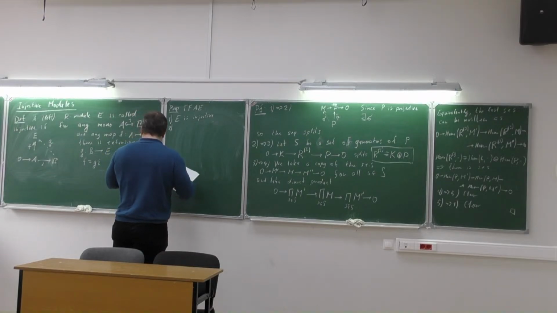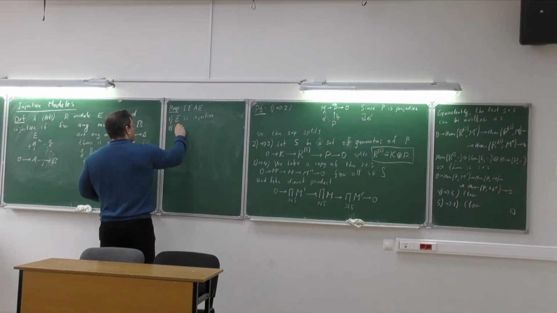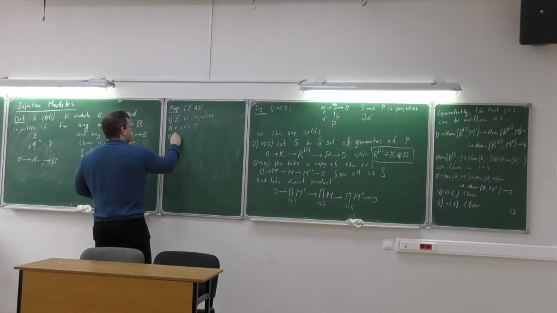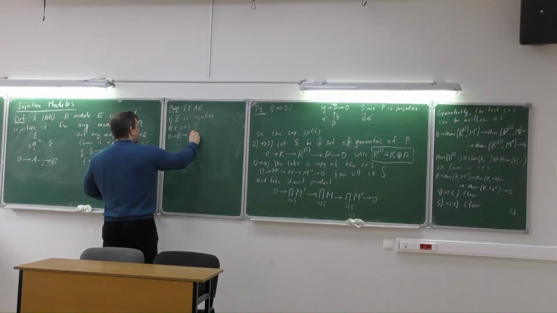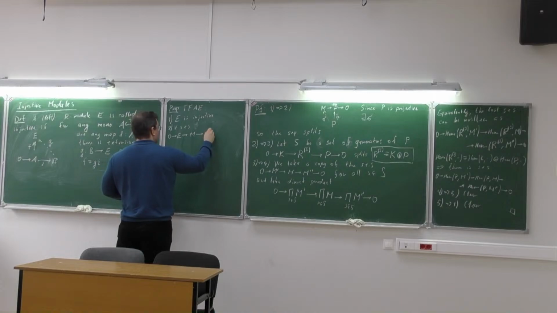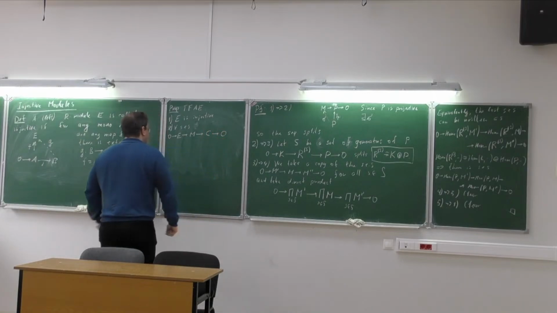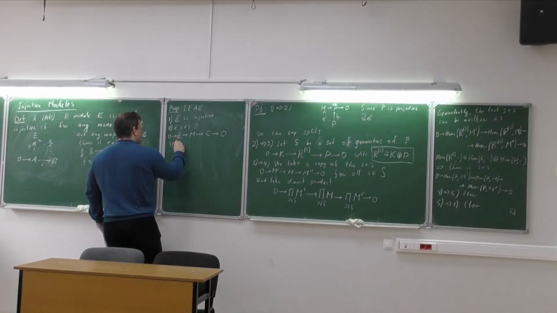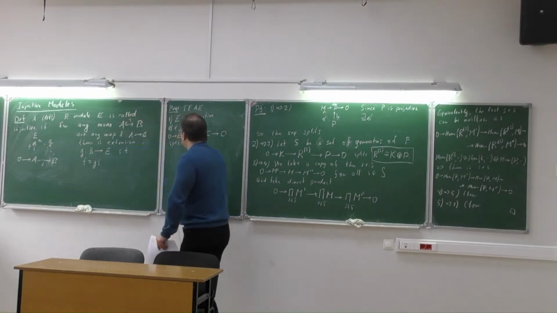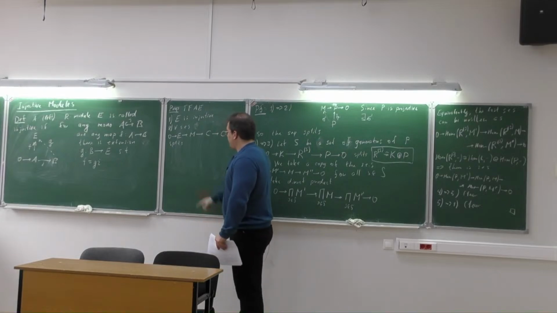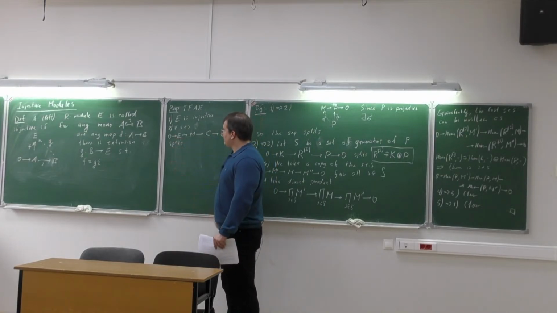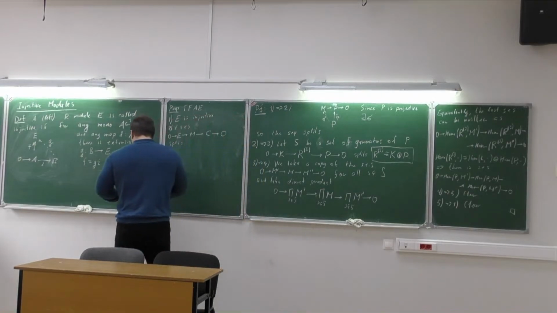So condition 2 in the proposition was that any short exact sequence splits. So any short exact sequence now that starts with an injective, then there is some module M, then there is some, say, quotient C. So any such short exact sequence splits. Right, so before the last term on the right was projective, now the first term on the left is injective. So this is condition 2.